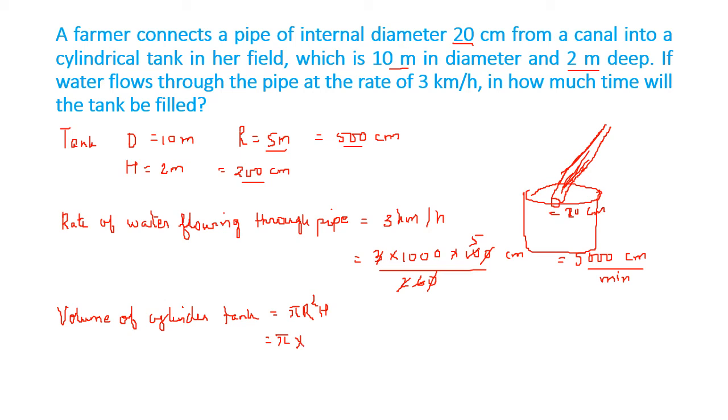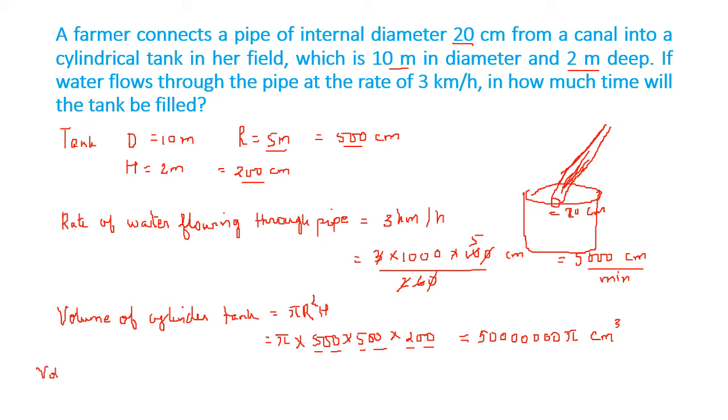So it's pi into 500 centimeter into 500 centimeter into h, that is 200 centimeter. 5 5s are 25, 25 2s are 50, so 50 followed by six zeros, pi centimeter cube is the volume of the cylindrical tank.